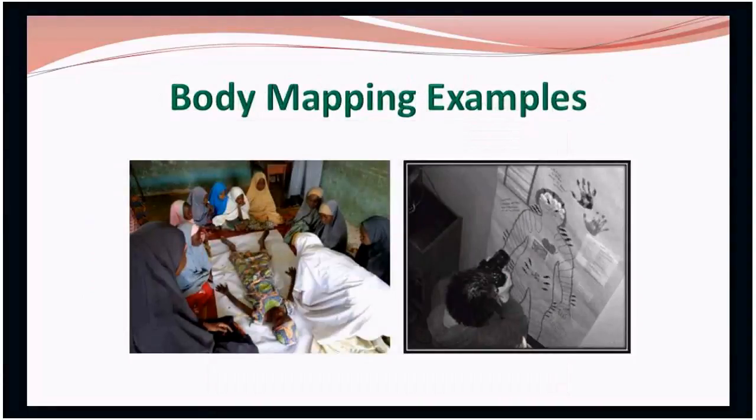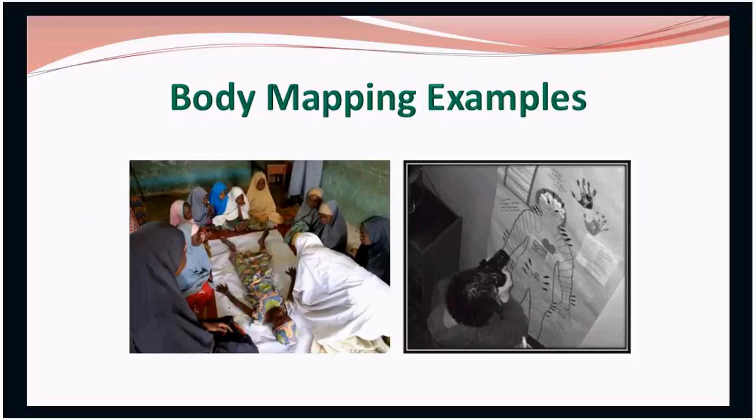There's another tool called body mapping. In this focus group, people were looking at parts of the body that they had pain in. On the left-hand side, it's one of my colleagues who conducted the study. They were looking at women and violence in the household.